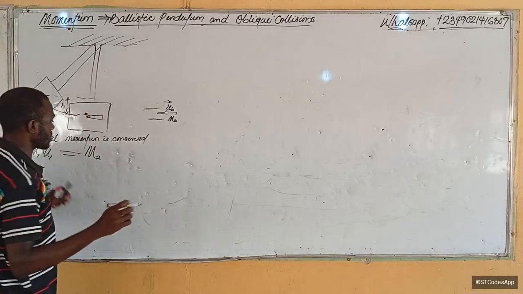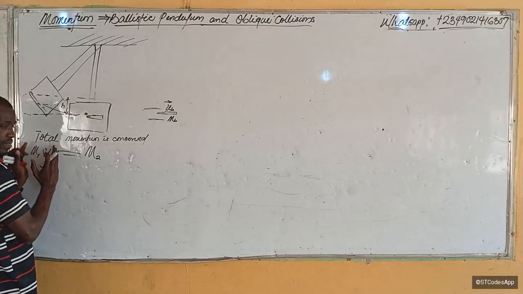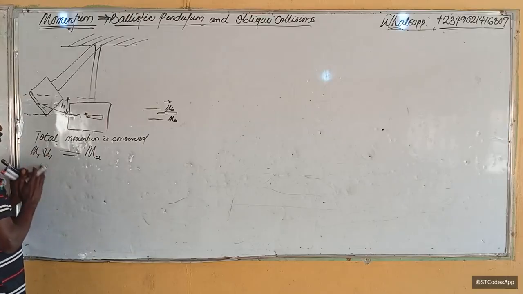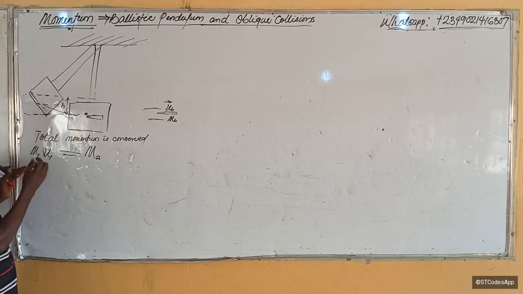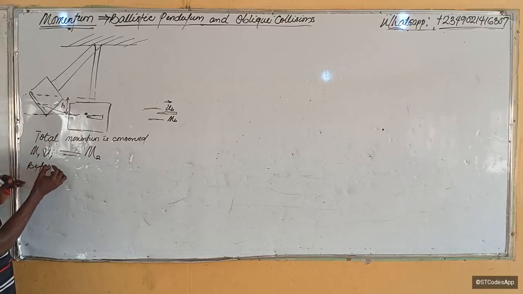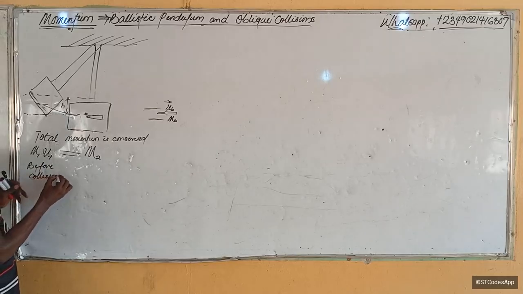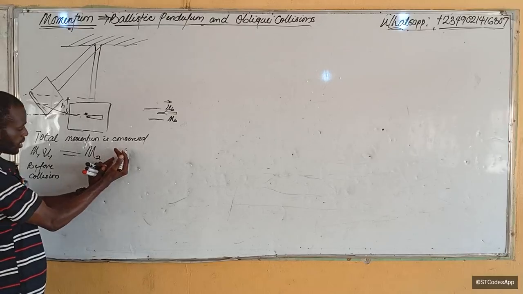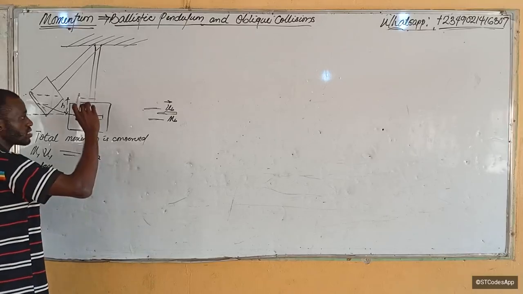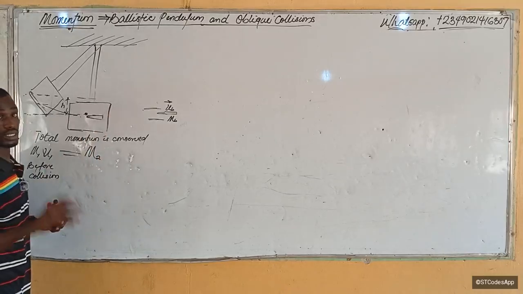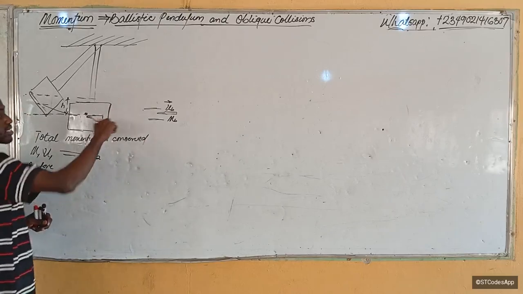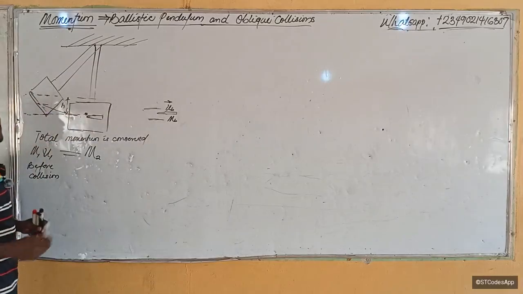Total momentum before collision is just the momentum of the bullet. But total momentum after collision is going to be the momentum of both the bullet and the block, since when the bullet hits it, it enters and they move together, isn't it?